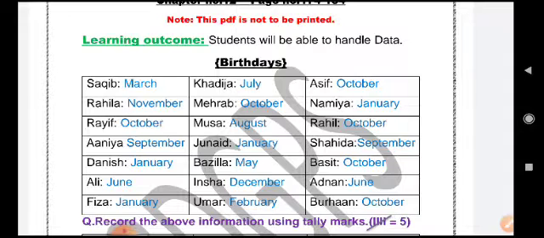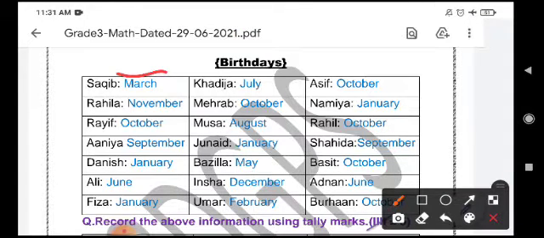And then in blue we have given the month they are having their birthday. So Saqib is having a birthday in the month of March, and Rahila in November, and so on. Now we have to record this information using tally marks.